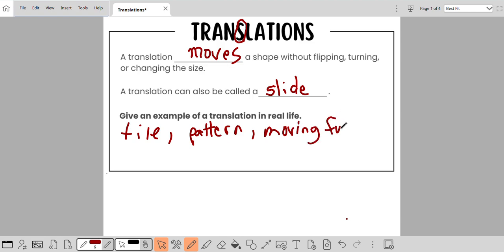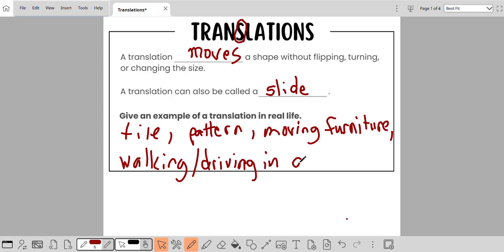Of course, in our school, Mr. Juan would not like us to do that because we mess up the floor, but sometimes we do. We slide the furniture. Or it might be like walking or even driving. Y'all will be doing that in the next year probably, in a straight line. All lines are straight. All right. So let's see what we can do with translations.